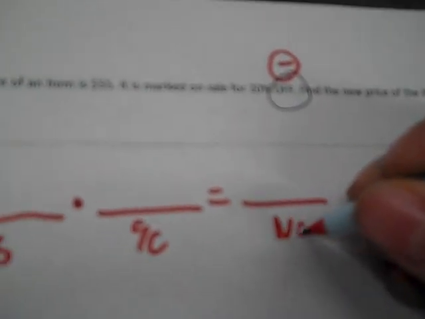So we know what to do with the percent. We have to take the 100%, and this is where we subtract 20. So that's 80%. Then divide by 100, and 80 divided by 100 is 0.8. So my percent factor is 0.8.